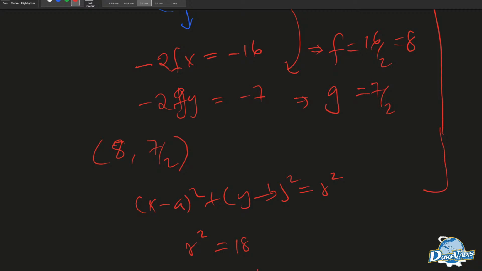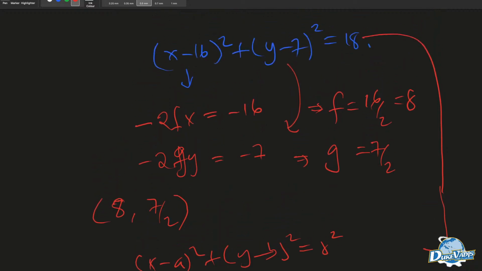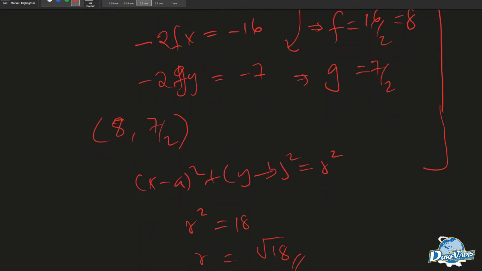The meaning is r is the square root of 18. You see, straight on, you are able to calculate the r. You are also able to find the center of the equation of the circle.